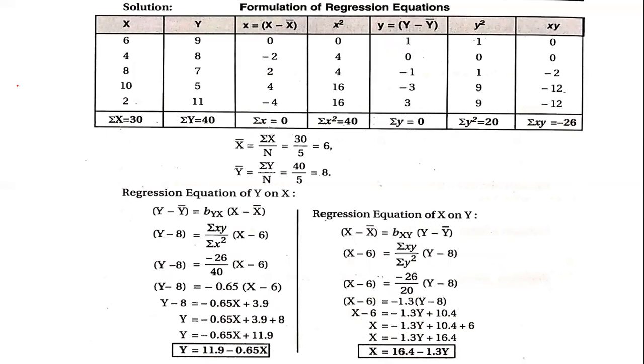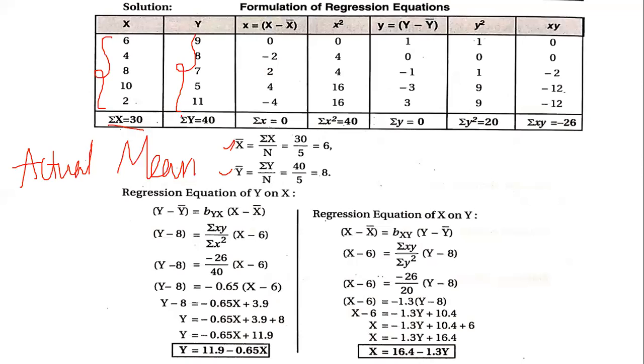Firstly, we are taking the deviations from the actual mean. Actual mean is nothing but x bar and y bar. So to find x bar and y bar, what is the formula? Sigma x by n, sigma y by n. We have solved this many times. Add all the values of x, you'll get sigma x, and add all the values of y, you'll get sigma y.